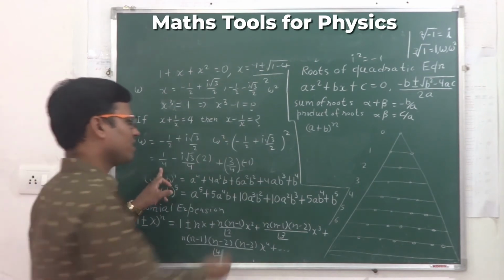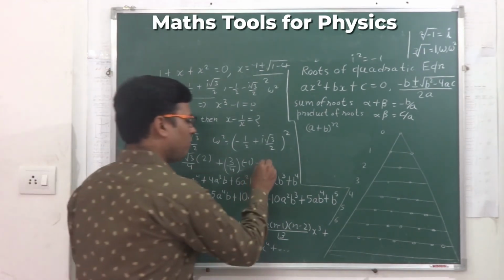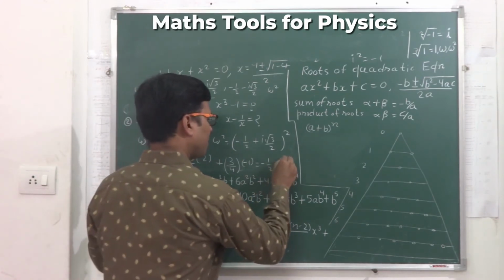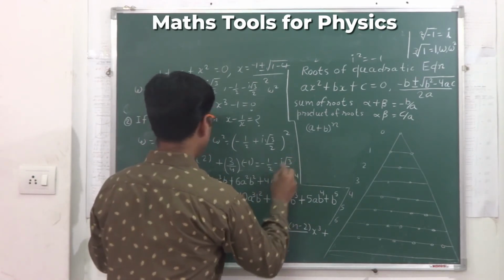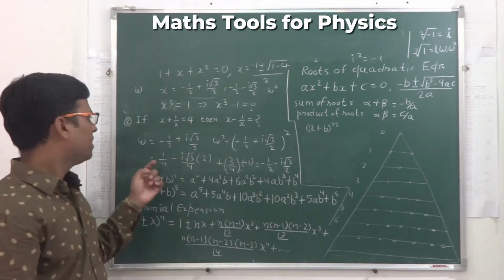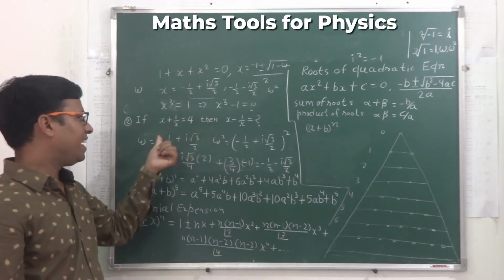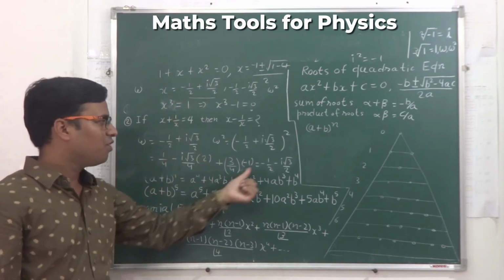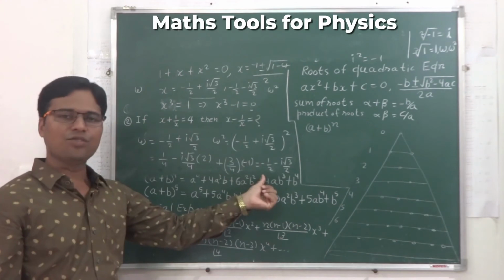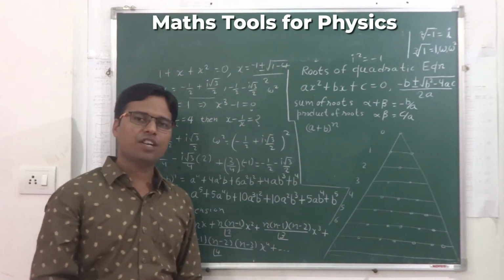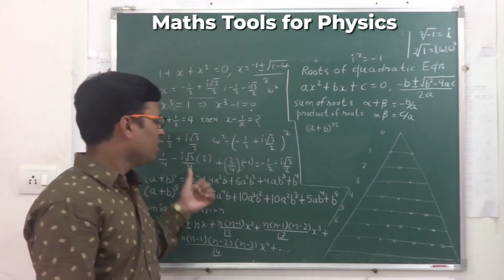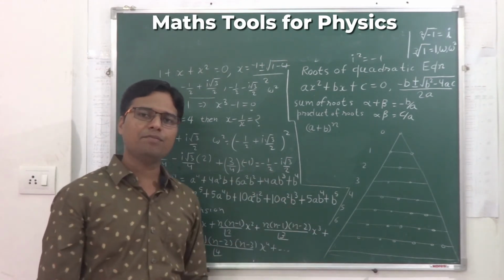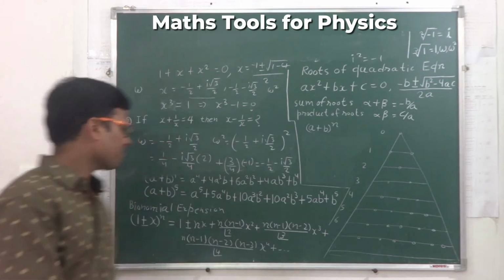We will get minus half minus iota square root of 3 by 2. So when we get the square of this first root, we got here the second root. Use your pen and your notebook to prove it in your manner. You will get the same conclusion.